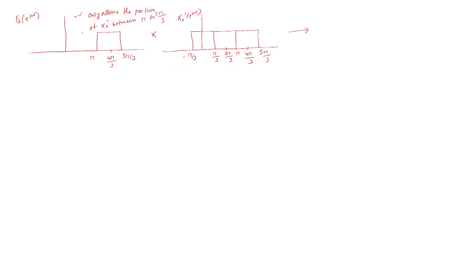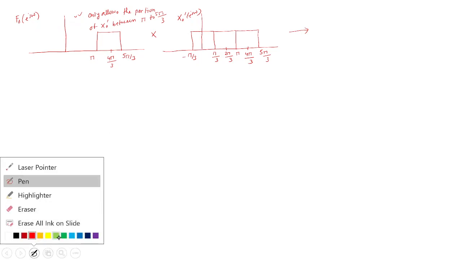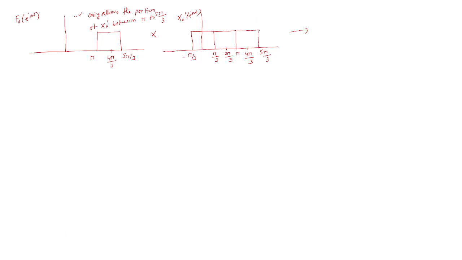So you can see that when you pass this sequence x naught dash through this filter with the frequency response F naught, it only allows this portion of the input spectrum to pass and discards the rest of the spectrum.